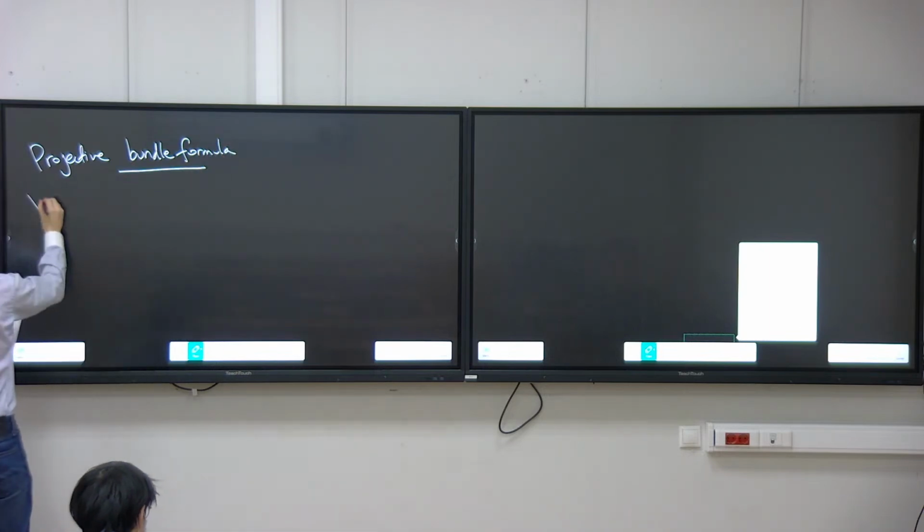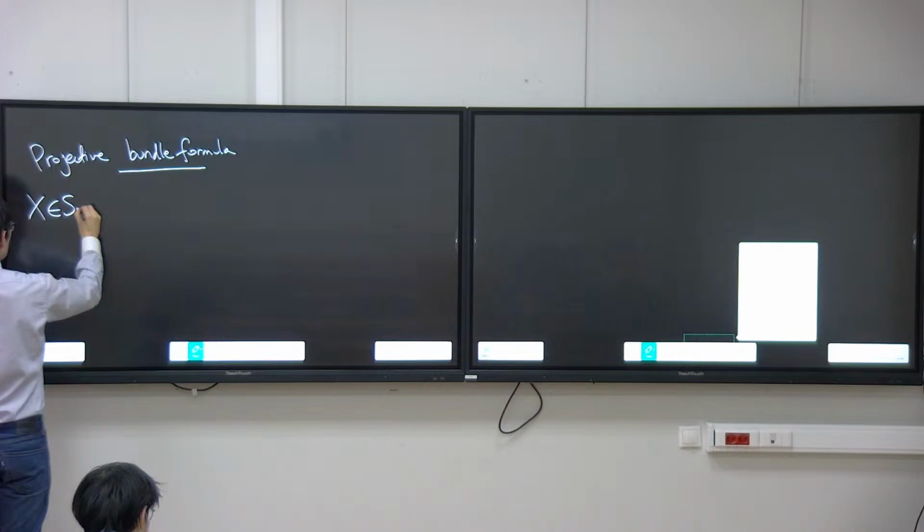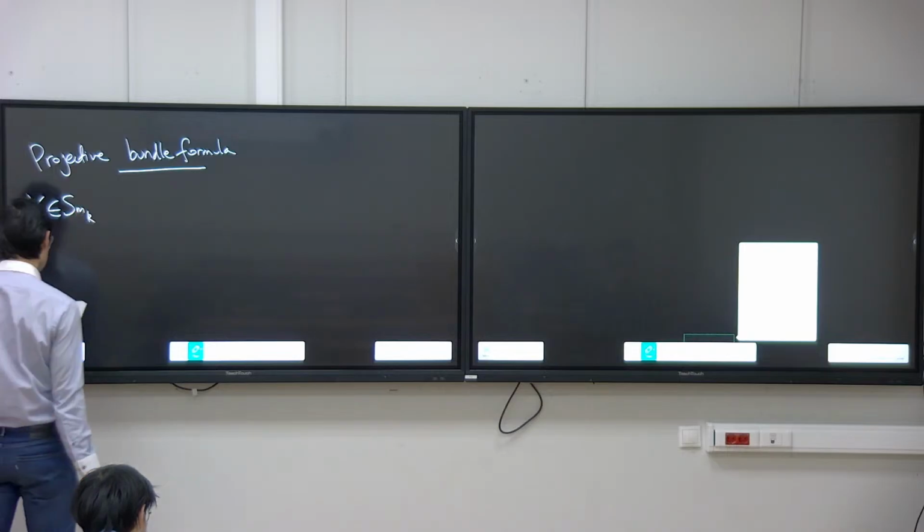So here X is a smooth separated scheme over K, a field.